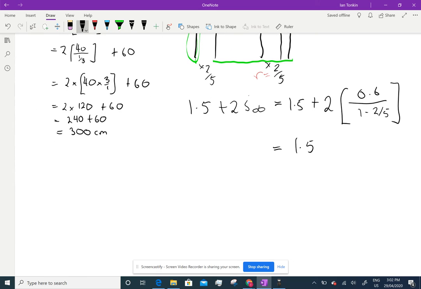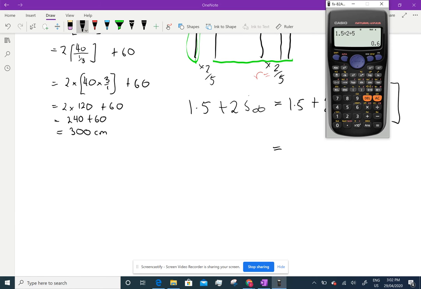Equals 1.5, and I'm just going to do this on my calculator all in one go because my substitution should be right. So 1.5 plus 2 times brackets, what was it? 0.6 divided by brackets 2 divided by 5 brackets.